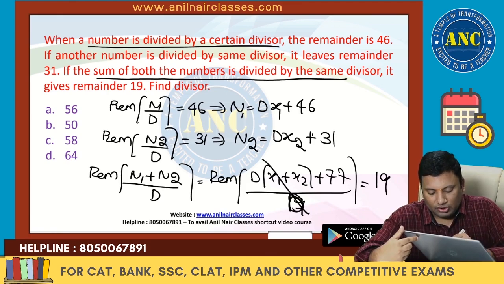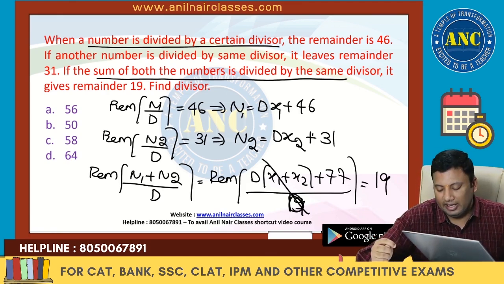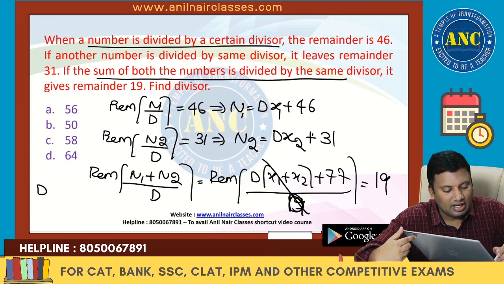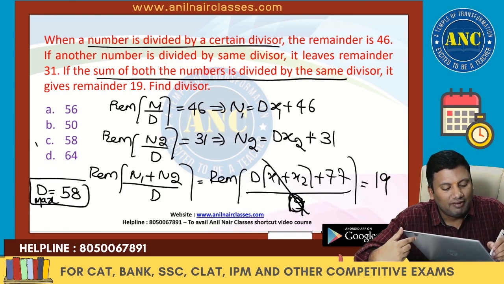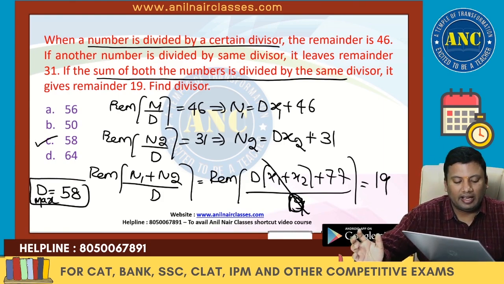So 77 divided by d, remainder is 19. That d value is nothing but 77 minus 19, 58. The maximum value of d is nothing but 58. I hope the idea is clear.